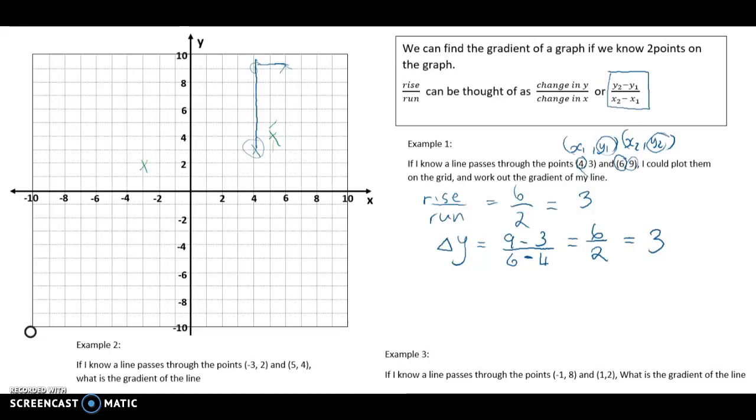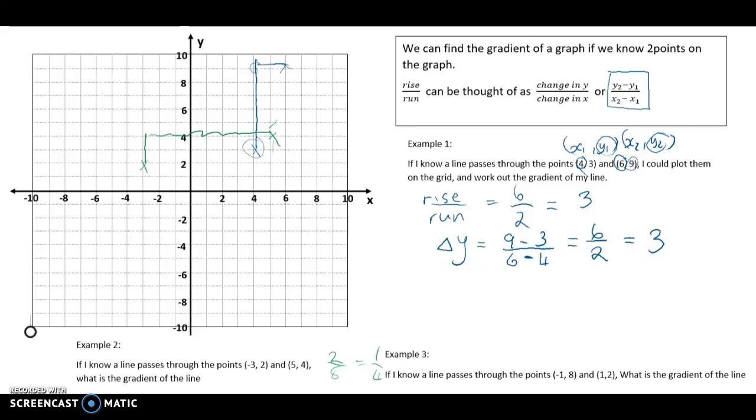So I've got my 2 points. I have gone up 1, 2, and across 1, 2, 3, 4, 5, 6, 7, 8. So I've gone up 2 and across 8, which gives me a gradient of 1 over 4.